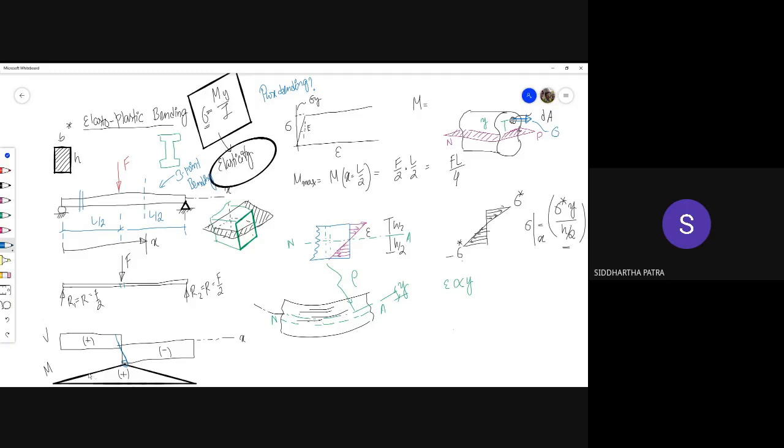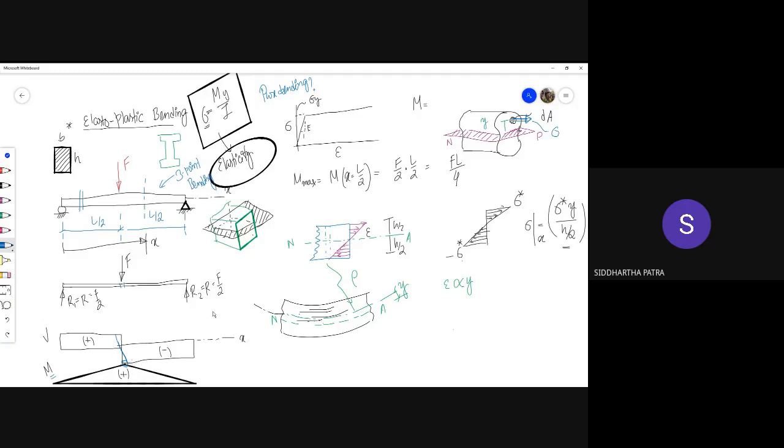So it may not be happening anywhere else on the beam in 3-point bending, but where the maximum bending moment is, it's maximum because the bending moment is stationary at that location. It is maximum because shear force is 0.